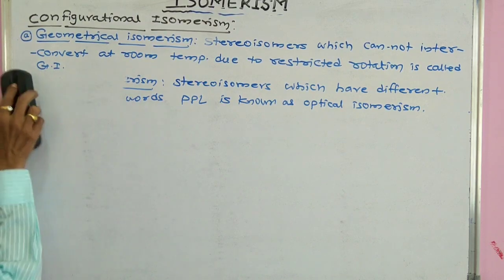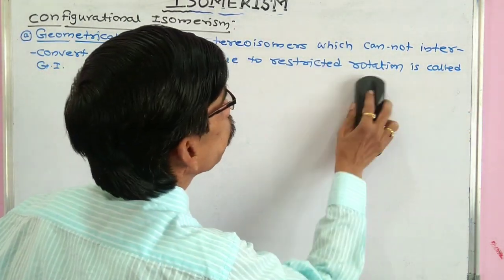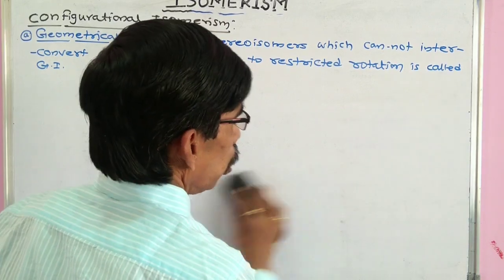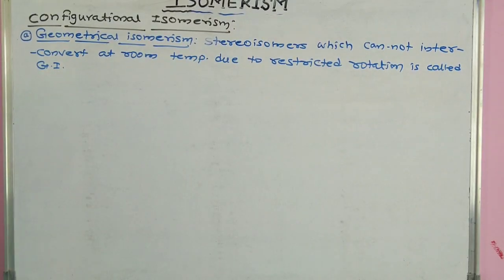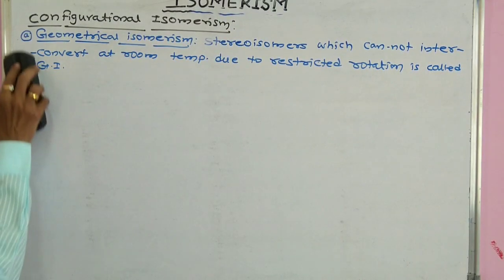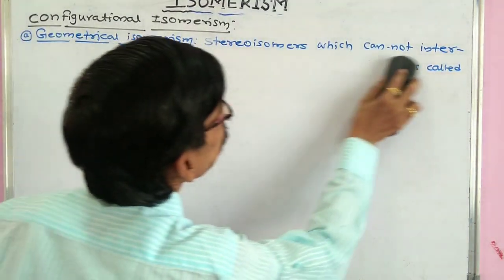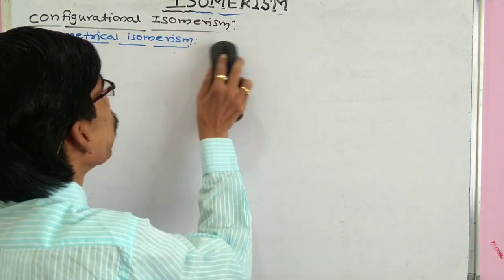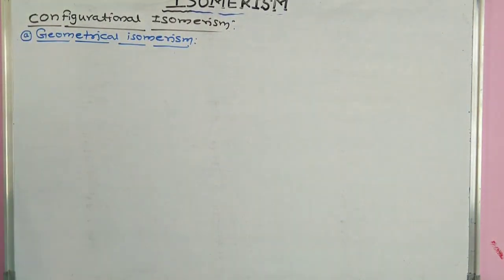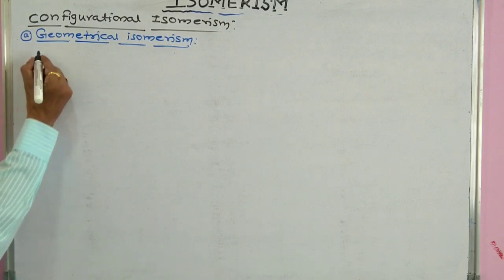So first we see what is meant by geometrical isomerism: stereoisomers which cannot interconvert at room temperature due to restricted rotation. Now what is the condition for geometrical isomerism?